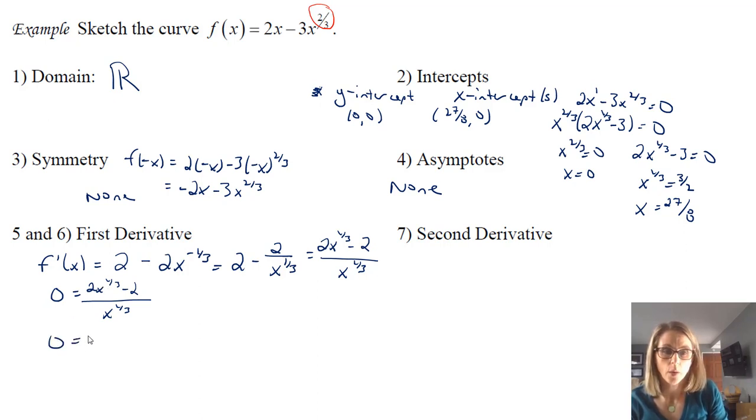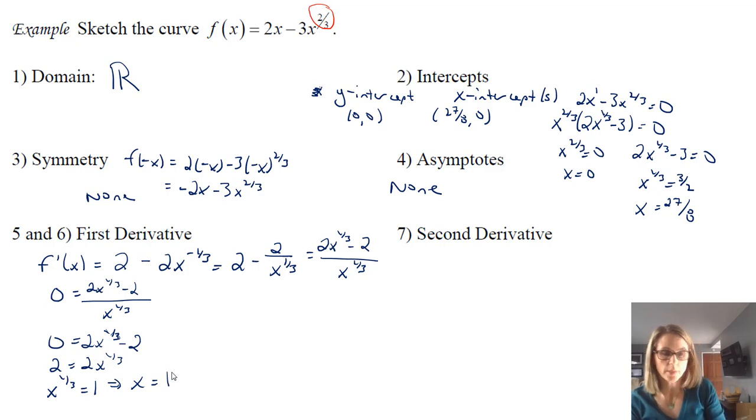And I also care about when the derivative is equal to 0 in terms of the numerator. So that's going to give me 2 equals 2x to the 1/3, or x to the 1/3 equals 1. So of course that implies that x equals 1.